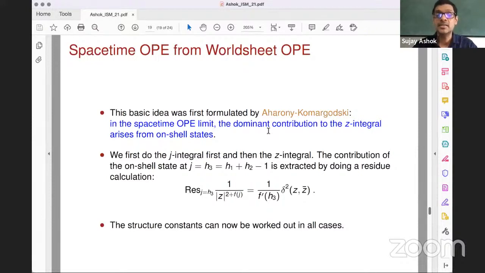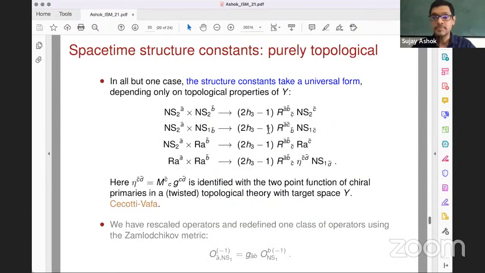So in the j integral, this essentially amounts to doing a residue calculation, and the result is a chiral primary at the end. Given all the NS sector and Ramond sector fields from the worldsheet, we can do this for all possible OPEs that can exist, using the same trick of going from worldsheet to spacetime OPE, and the answer is extremely simple.